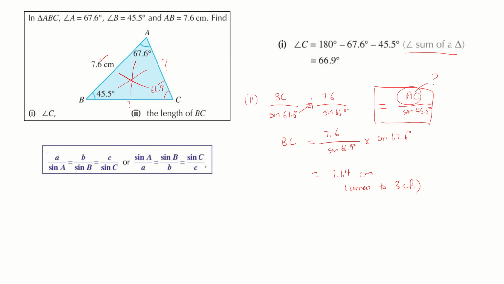So if we put BC over sine 67.6 degrees equal to AC over sine 45.5 degrees, then we end up with two unknowns in the equation, which we can't solve. So it's not wrong, but we don't use this. We use the pair that we already know, which is 7.6 over sine 66.9. And that's how we solve this question.